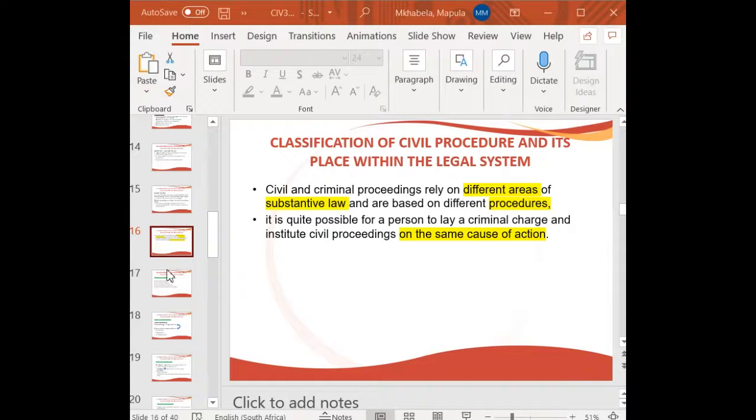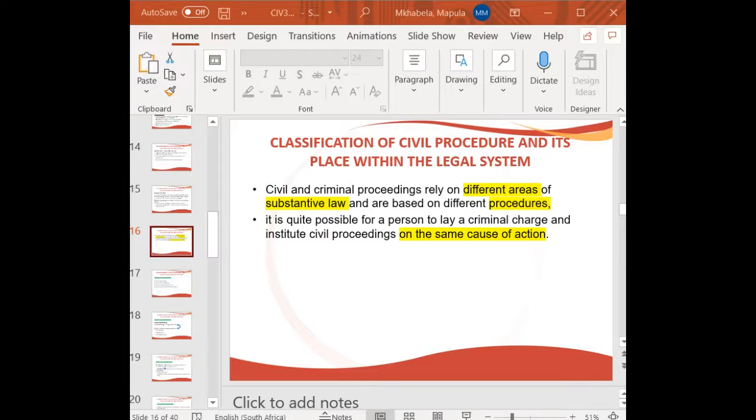An example, from your study guide: if D assaults G, G may lay a criminal charge against D on the grounds of assault and may also institute civil proceedings to claim compensation for the personal and monetary damages allegedly incurred.